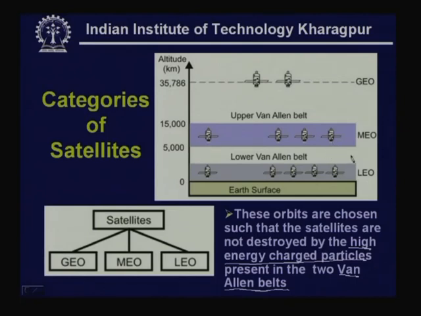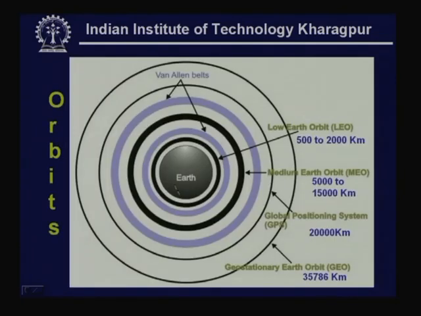So, satellites are placed avoiding these two Van Allen belts. For example, the low earth orbits, I shall show you another diagram which will give you a better picture. For example, this is the earth, and the low earth orbit LEO satellites are positioned between 500 to 2000 kilometer.